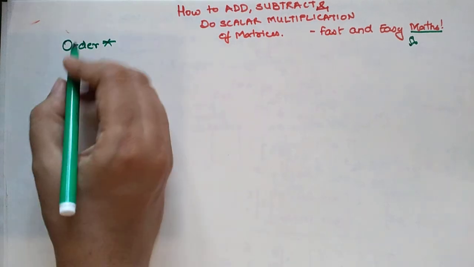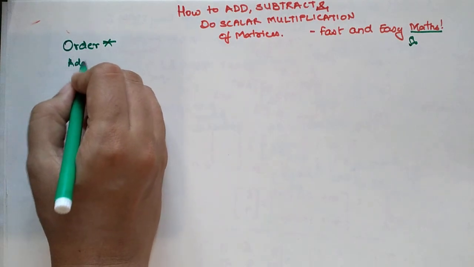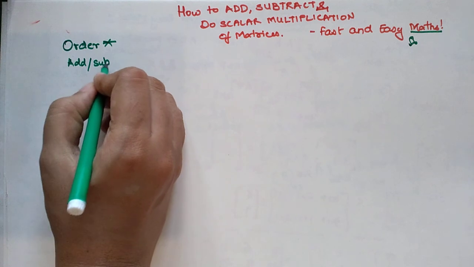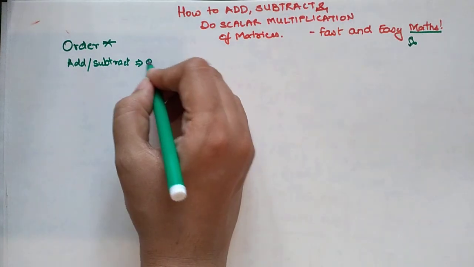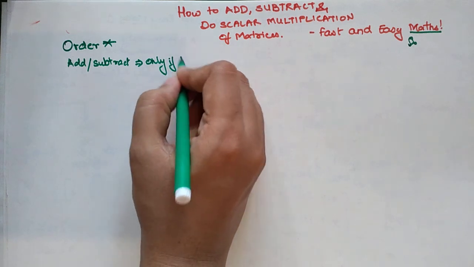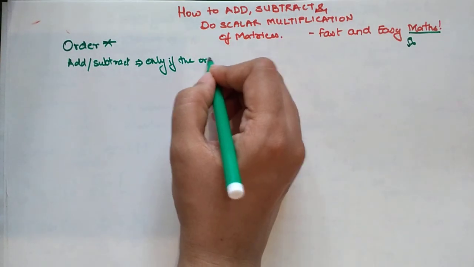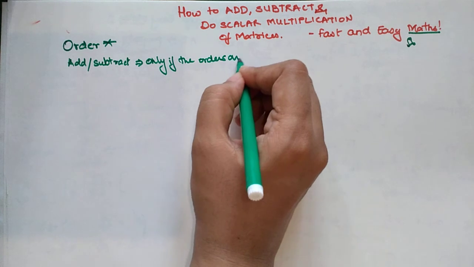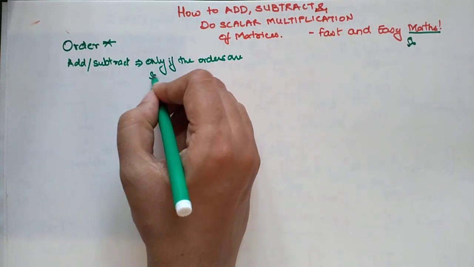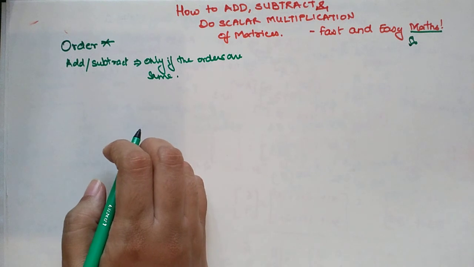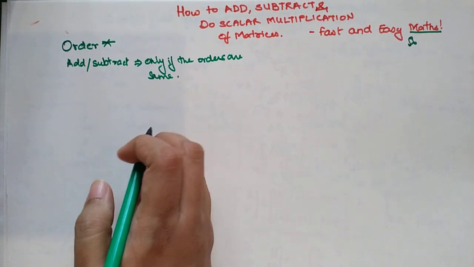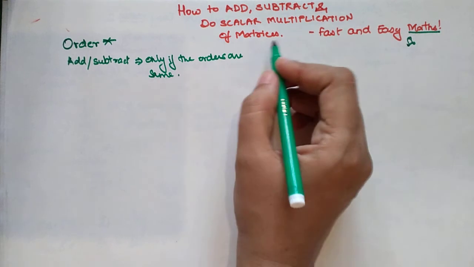So here I'm going to tell you that you can add or subtract any matrices only if the orders are the same. In case the orders are different, then you won't be able to do the addition and subtraction of matrices.